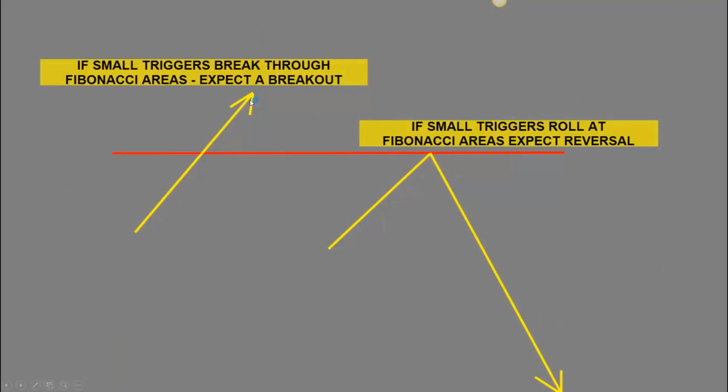If the trigger lines are physically breaking through Fibonacci areas, we're going to expect the market to continue in that direction. If these trigger lines roll or stop at a Fibonacci area, we're going to expect the market to reverse from that Fibonacci area. So this really is the secret to reading our Fibonacci areas. Trigger lines get beyond it, usually you do more trades in that direction. If they stop at it, you're going to go the other way.